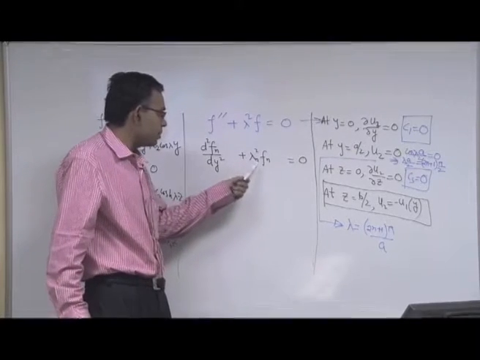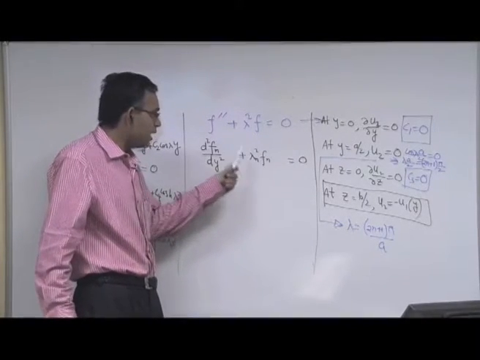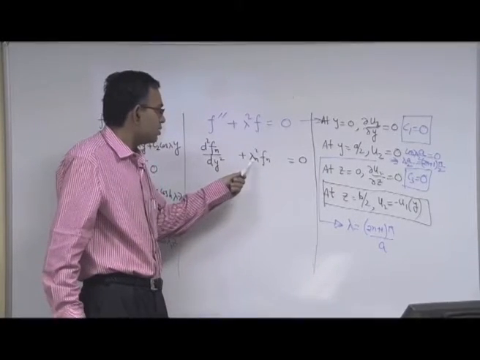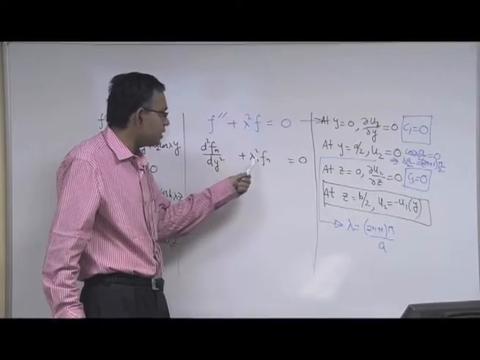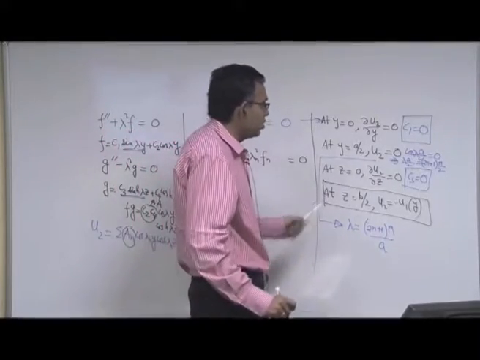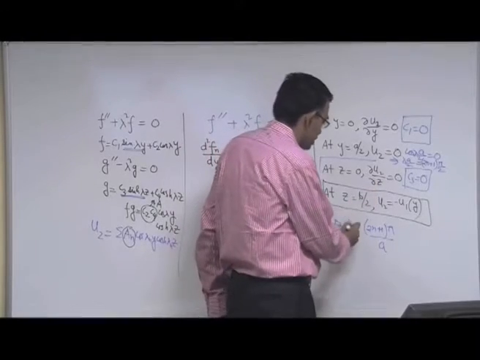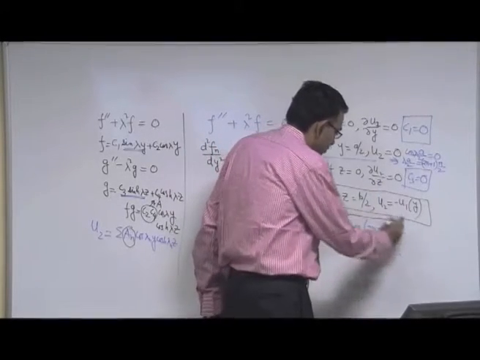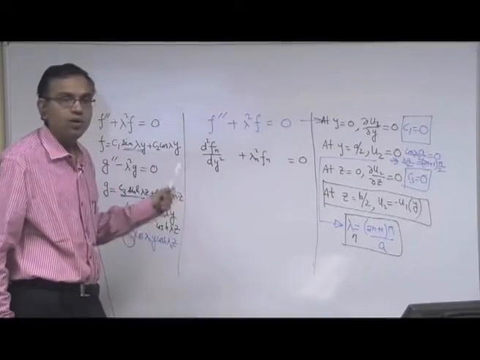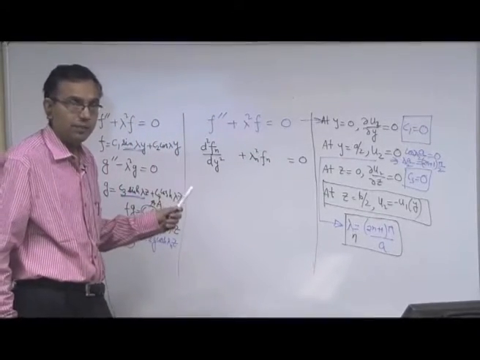Here you cannot substitute all possible values of lambda n, but the lambda n's which satisfy this condition, lambda n is equal to (2n plus 1) into pi by a, only that value of lambda n, not all possible values of lambda n.